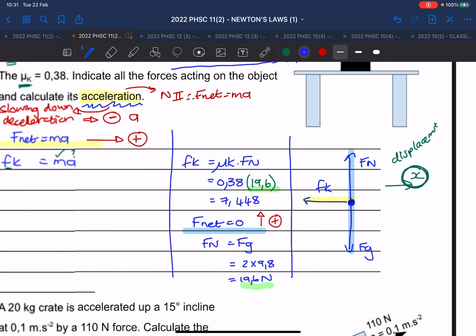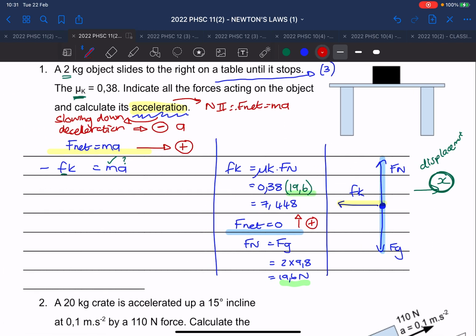Then I'm going to take that 7.448 and substitute it in there. Must be negative 7.448. Why do I not round off? It's not my final answer. You round off your final answer.